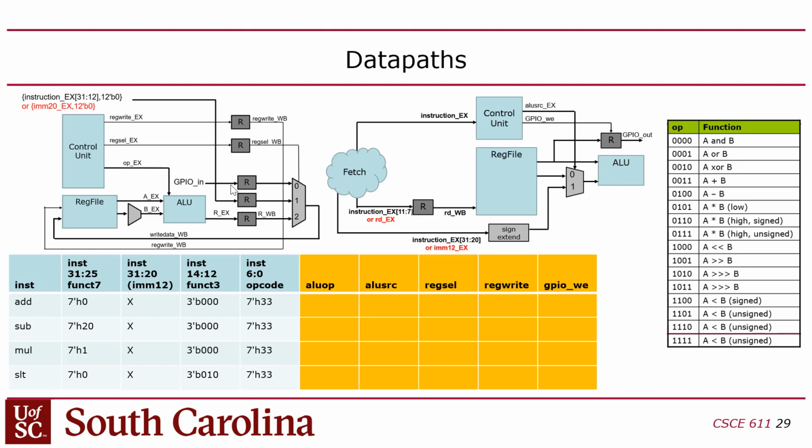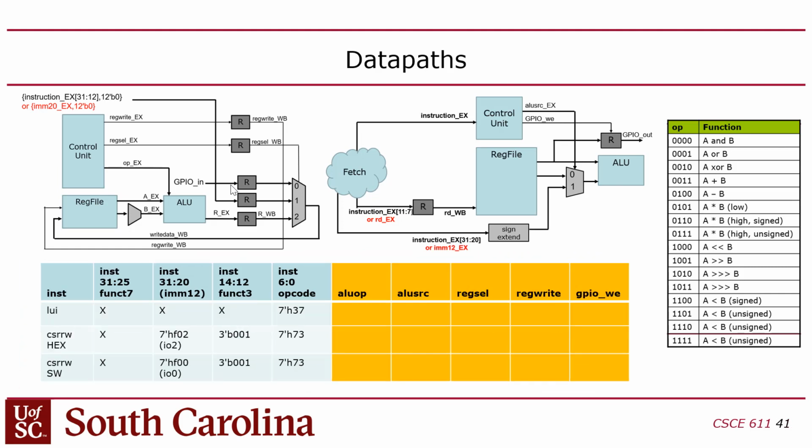So you're going to use one or the other depending on what the immediate field is in the CSRW instruction. So if the immediate field, which I called, right here, there's a column for the immediate. Oh, wait, this is the wrong slide. Wait, hold on. Here we go.